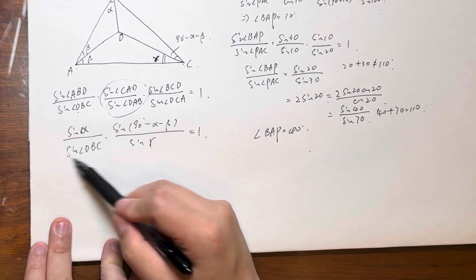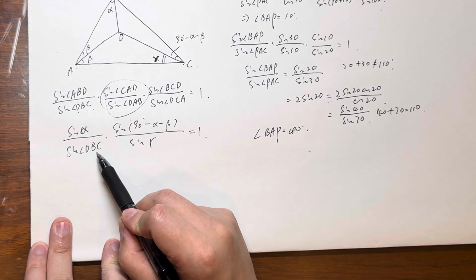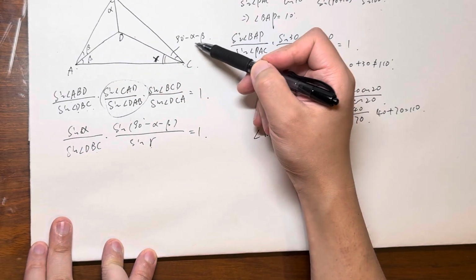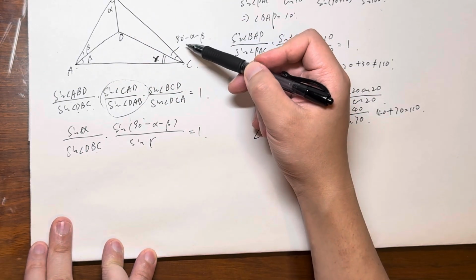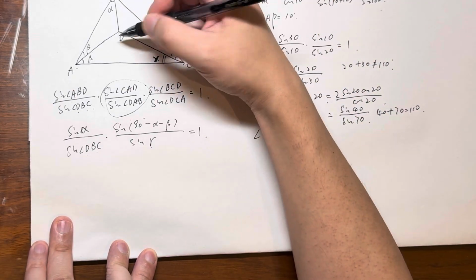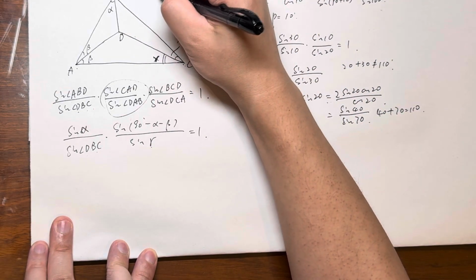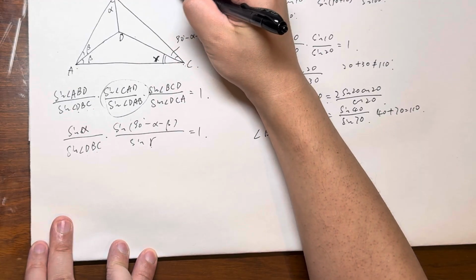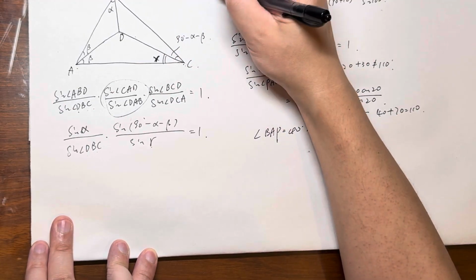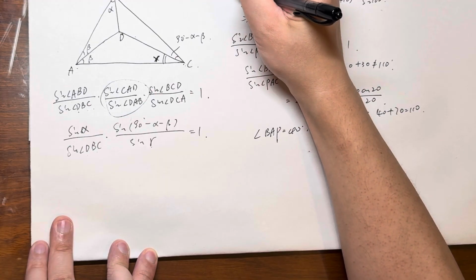The first thing is that we need to find the angle DBC. This is 2 beta, this is alpha, this is gamma, this is 90 degrees minus alpha minus beta. So the angle DBC is 180 degrees minus 2 beta minus alpha minus gamma minus this one, so minus 90 degrees plus alpha plus beta.